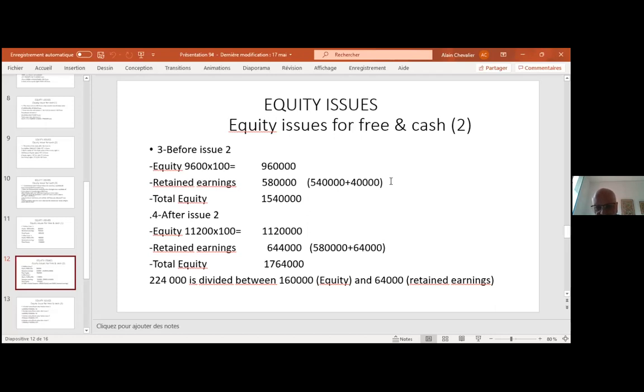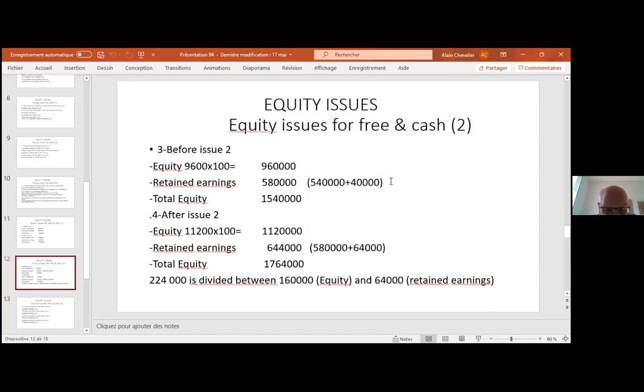It is the nominal value part of the price. But the firm receives 140 euros, not 100 euros. It means you have 40 euros more. The increase in total equity for one share is 140. So if you have only 100 in equity because at that level the share is priced at the nominal value, 40 euros have to go somewhere else.